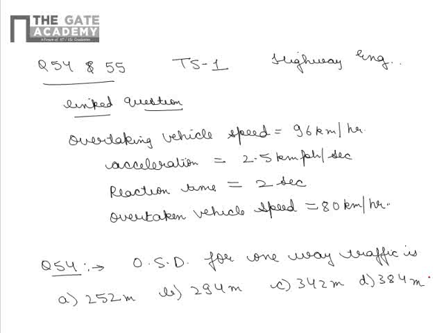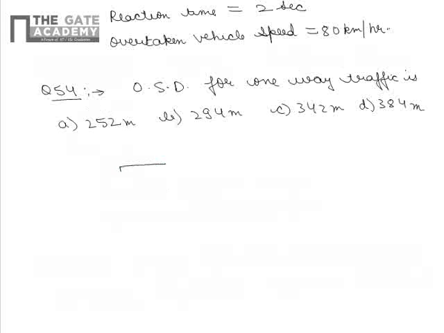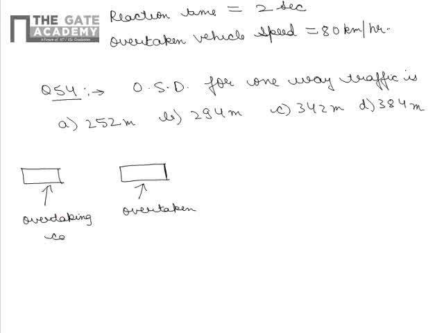Now say this is the car which has to be overtaken and this is the overtaking car. Now time T, that is reaction time, is the time in which the driver of the overtaking car realizes that he has to overtake.